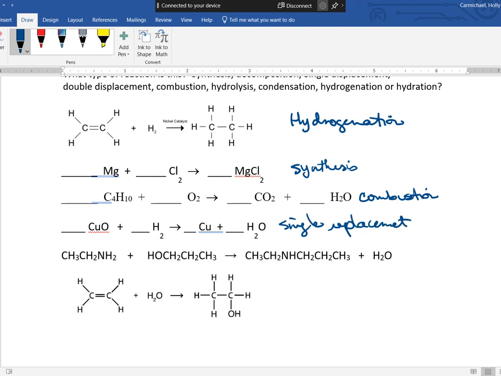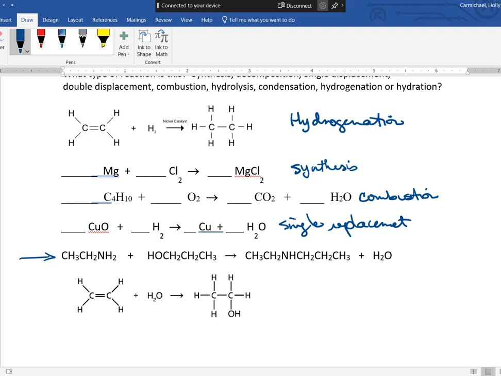What's the next one? This is a new one. It's not hydration. That's breaking a double bond by adding water. What's this one? What's happening to that one? It's a condensation, right? Can you see that those two molecules got put together?